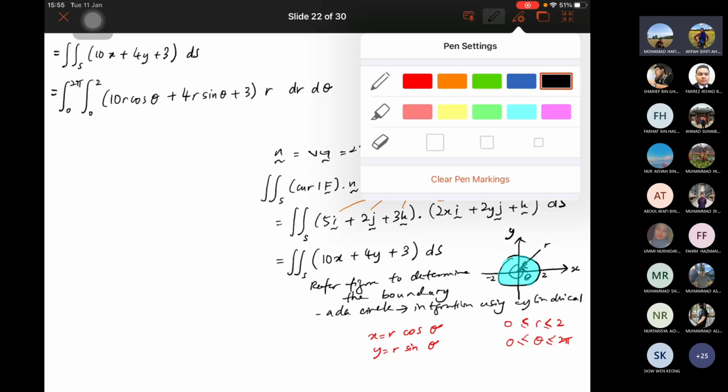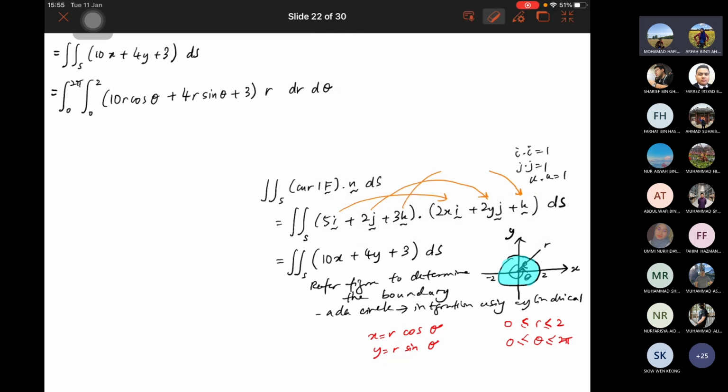Okay. So it will be integration over 0 to 2 pi, 0 to 2, 10 r squared cos theta plus 4 r squared sin theta plus 3 r dr d theta. So cuba settlekan dia punya integration, dapat berapa?